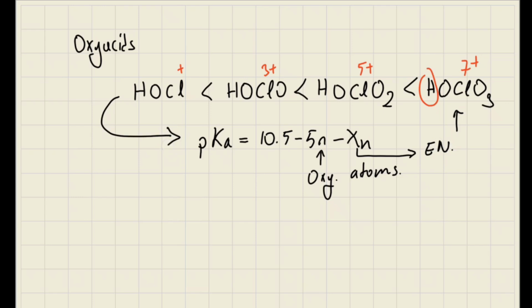So this is the inductive effect plus the electronegativity value of the central atom. So there are two effects here, but the inductive effect definitely explains the strength of these oxyacids.